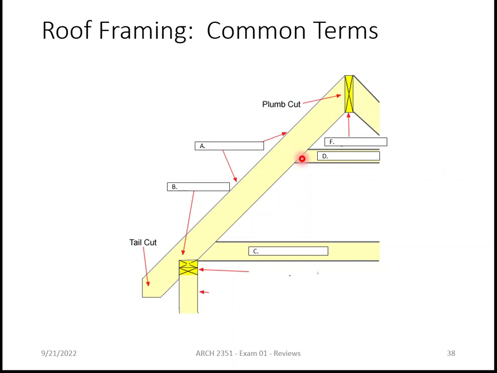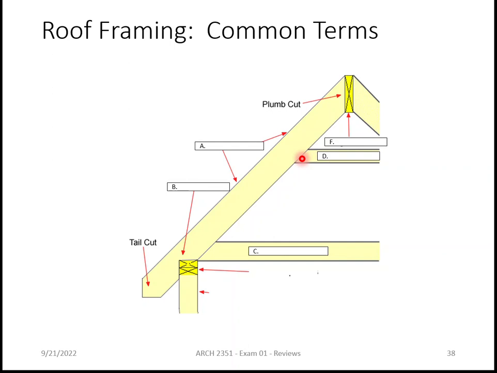It's stiffer than it would be if we didn't have that. That cross member keeps that rafter from bending, moving out. Is it a collar tie or a cross tie? I'll take both, but I think the common term is collar. Is that what it says in the slide? Okay, collar tie.